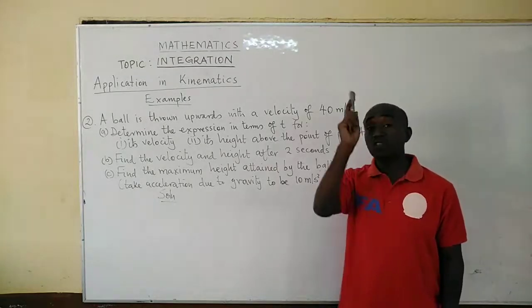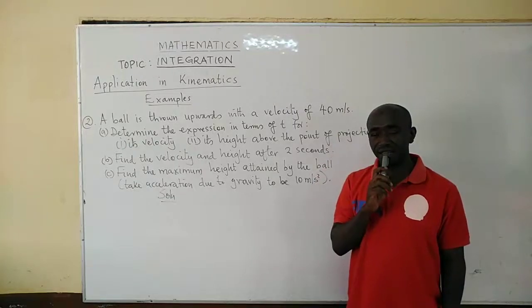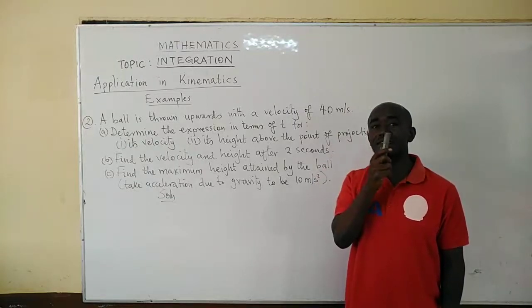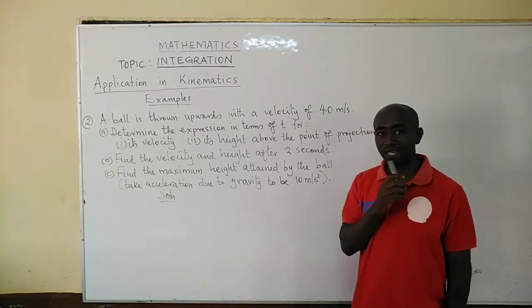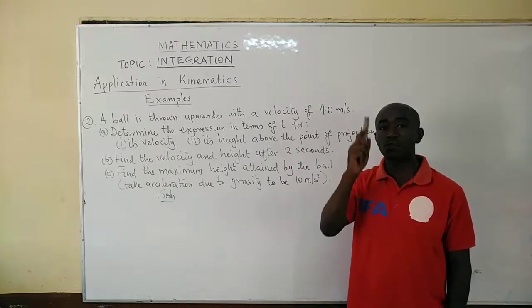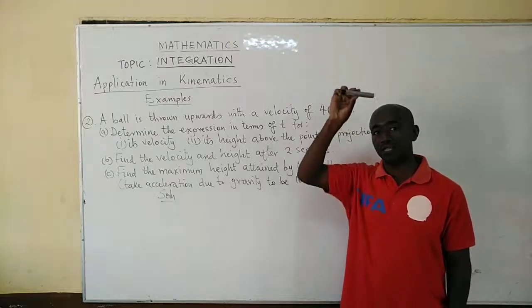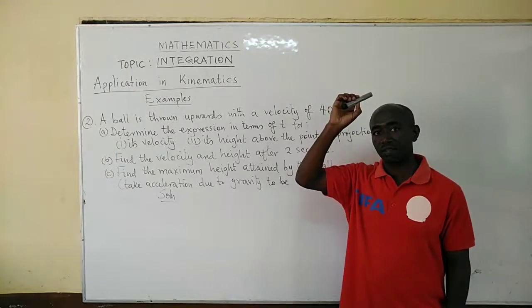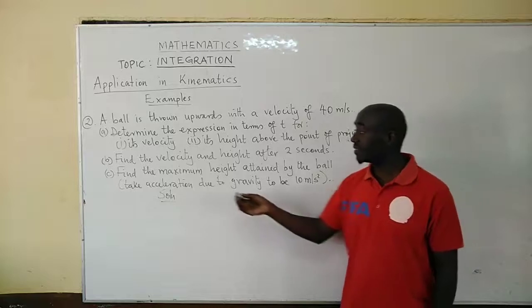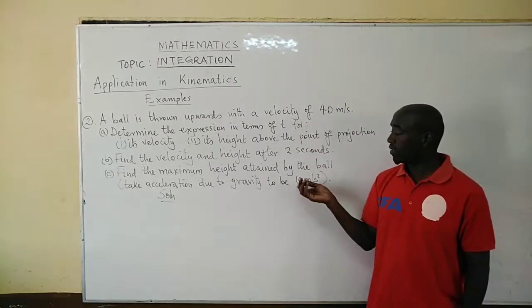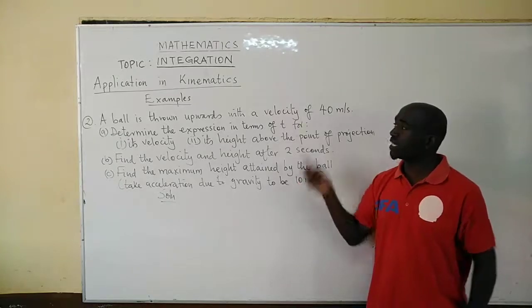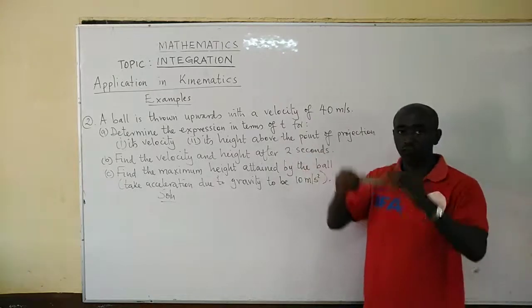A body which is moving upwards, does it accelerate? It decelerates. It decelerates at 10 meters per second squared. If a body is moving upwards, remember its velocity keeps on decreasing because of gravity. In our case, the ball is not falling freely.